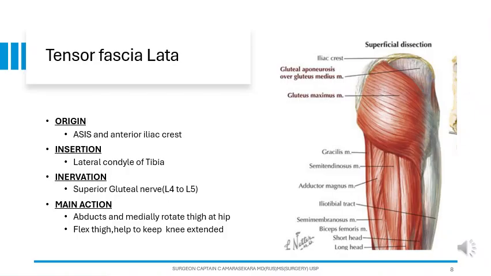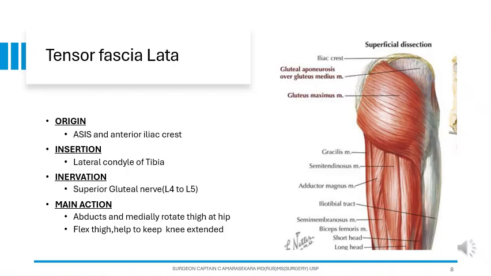Its insertion is at the lateral condyle of the tibia via the iliotibial tract. This long fascial connection allows the TFL to influence both hip and knee mechanics, acting as a dynamic stabilizer during movement.